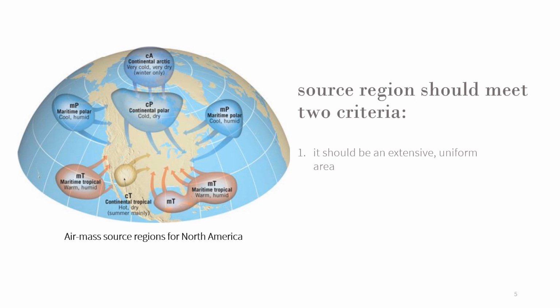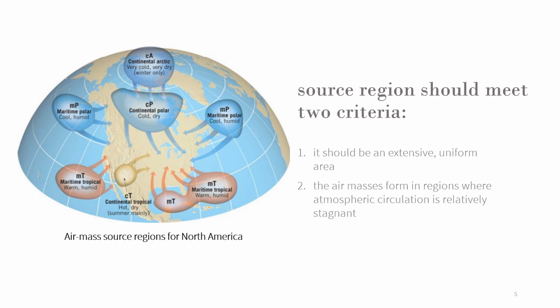So a region having a highly irregular topography, or one that has a surface consisting of both large areas of water and land, will not create uniform characteristics in the air above. So if you would consider it a source region, it should actually meet this criterion, which is it should be an extensive and uniform area.